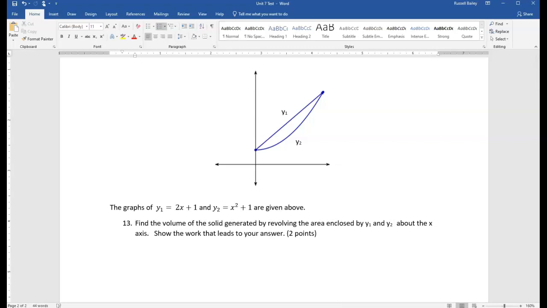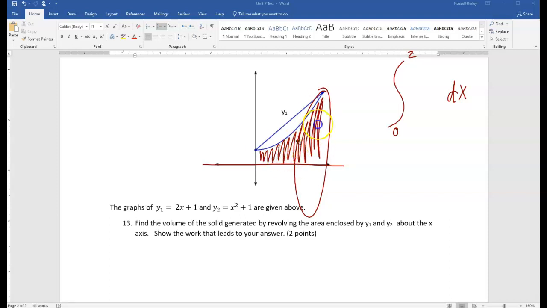So since I'm rotating this around a horizontal axis, we're going to be integrating with respect to x, which means my limits are going to be the x values of those points of intersection, 0 and 2. Now, how do we do this? Well, when I'm rotating this around the x-axis, that's going to be the washer method, because there's going to be a gap here between the area I'm rotating and the x-axis.